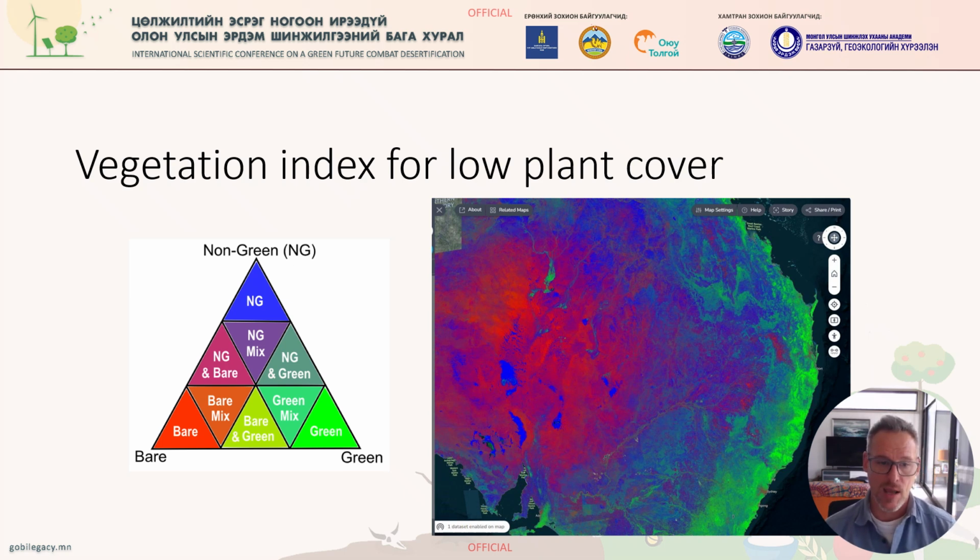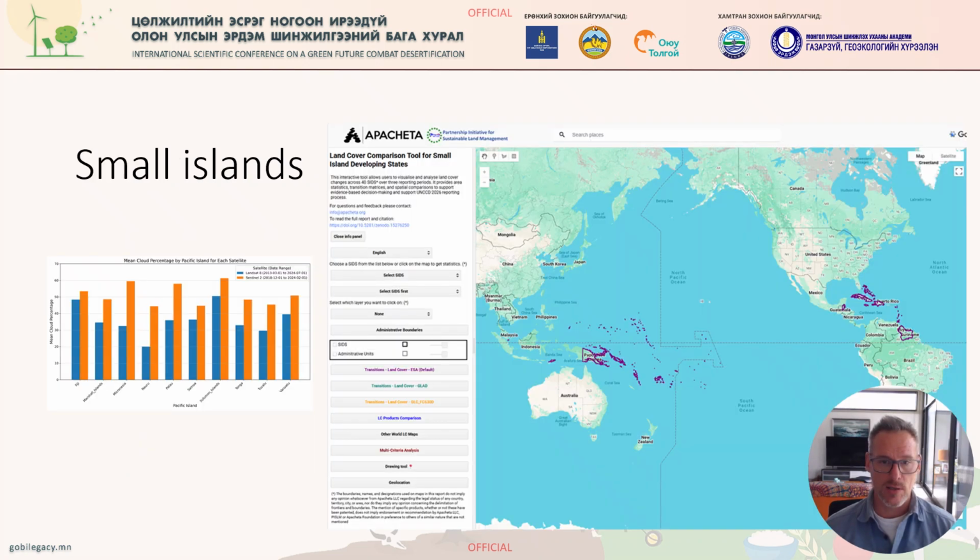You can see on the right-hand side there, those combinations of green vegetation, senescent vegetation, and bare soil are very apparent in those colour differences. This seems to be a much more robust way to represent changes in plant cover in areas where cover is low. What we haven't done yet is really explore exactly how to interpret time series of fractional cover data for land degradation assessment. So that's something that we want to do, especially for those low cover countries.